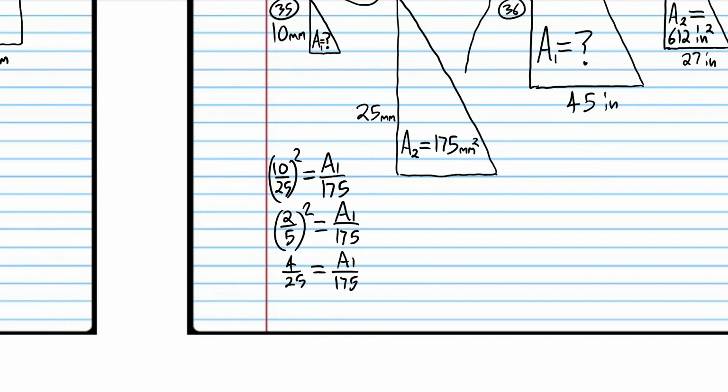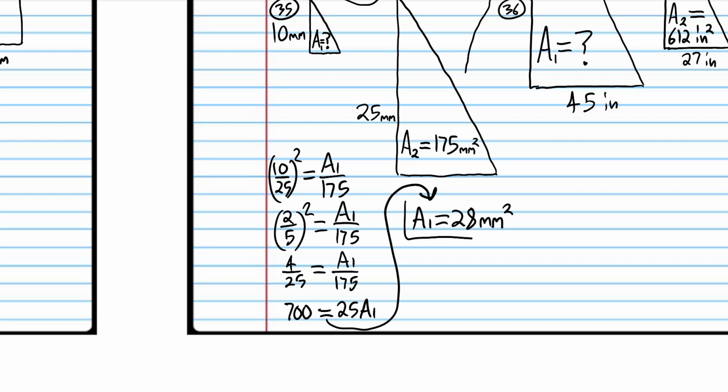And cross multiply. 4 times 175 is 700. And then we can use an arrow and divide both sides by 25, and we get 28. A1 is equal to 28 square millimeters.